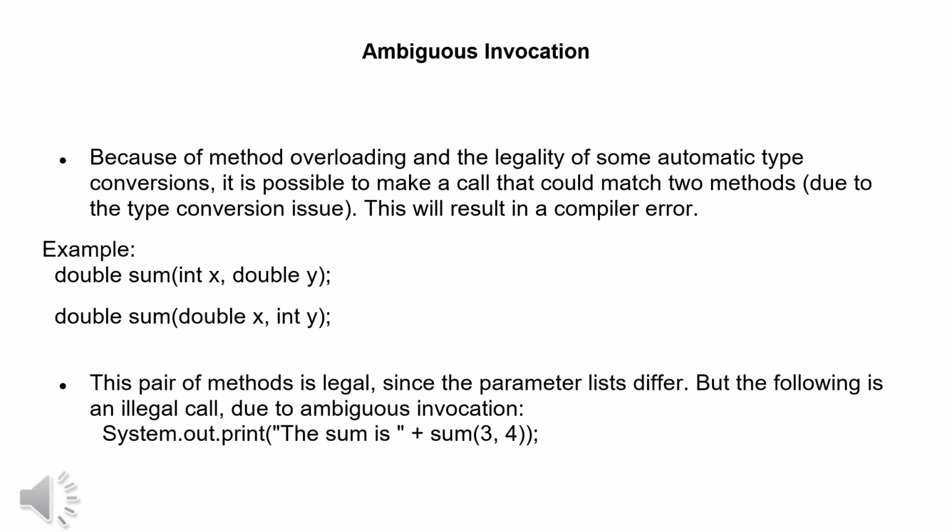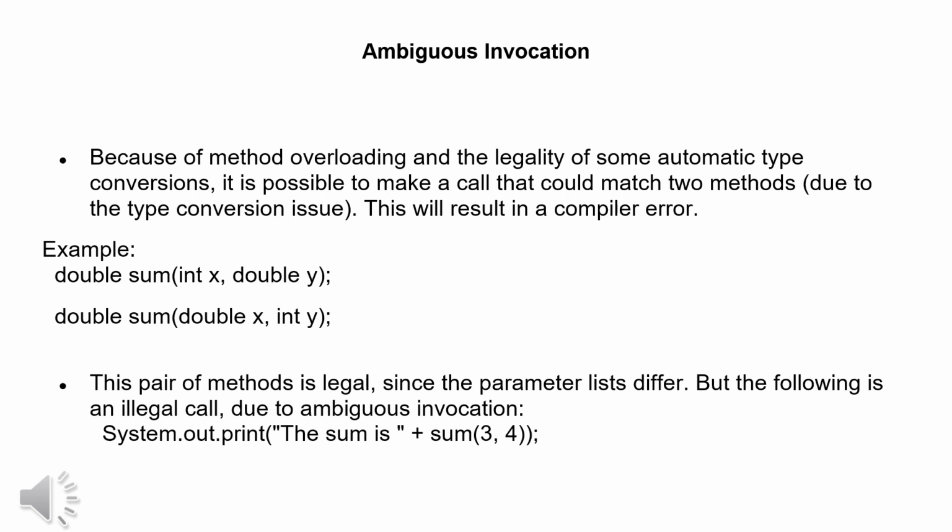So now you know that in some programs we may have several methods with the same name, right? So it can be possible that in some cases we have ambiguous invocation. What does it mean? It means when you try to call a method, but you call it in a way that the compiler doesn't recognize which method exactly it is.